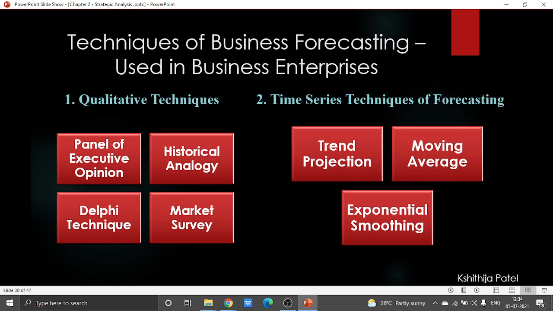That is called moving exponential. Sorry, moving average.